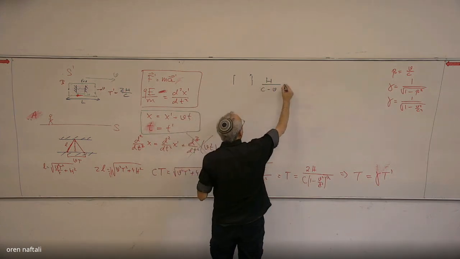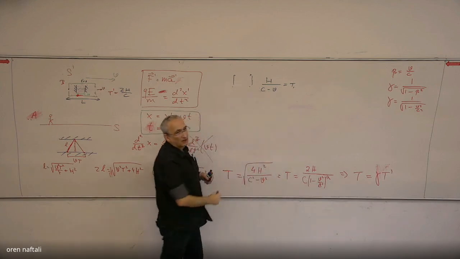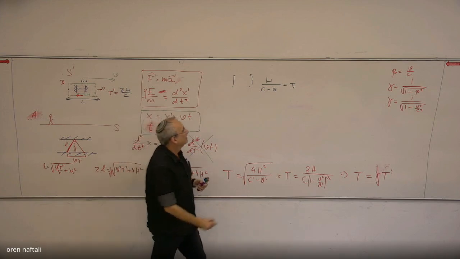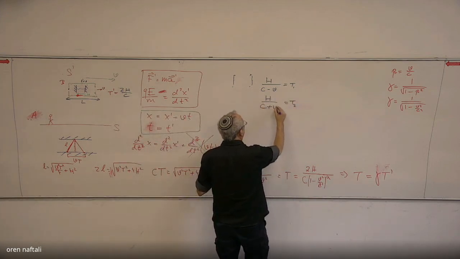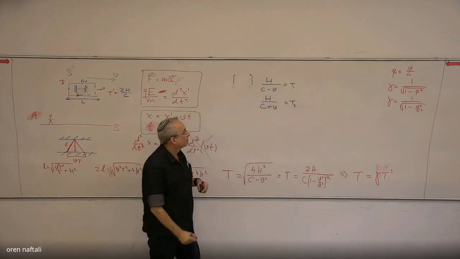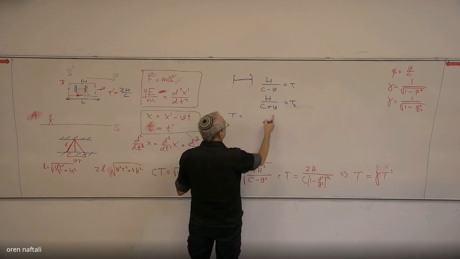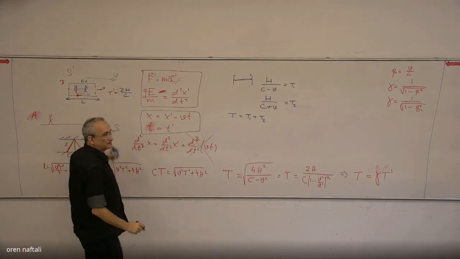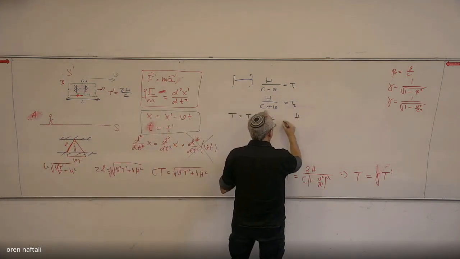This will be the time, let's call it t1, the time to go from here to here. And the time for the back side of the journey, t2, will be h divided by c plus v. Okay? So the total time required to go back and forth will be t, which is t1 plus t2, from the perspective of the guy in the S system, h divided by c plus v times c minus v.